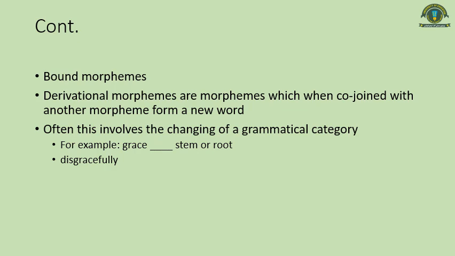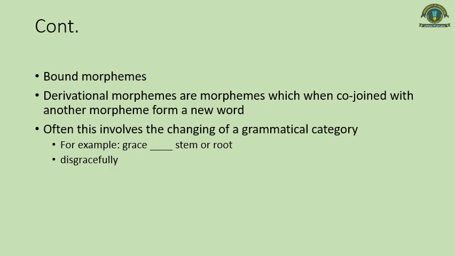When we do this, we use the derivational morpheme, and usually it changes the grammatical category. You have seen un before man and then we added ly. So man was a noun and when you put ly it becomes an adjective.